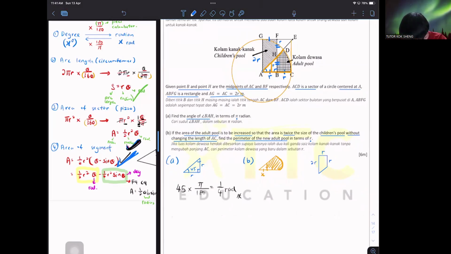Now the area for this will be, I write the formula first.